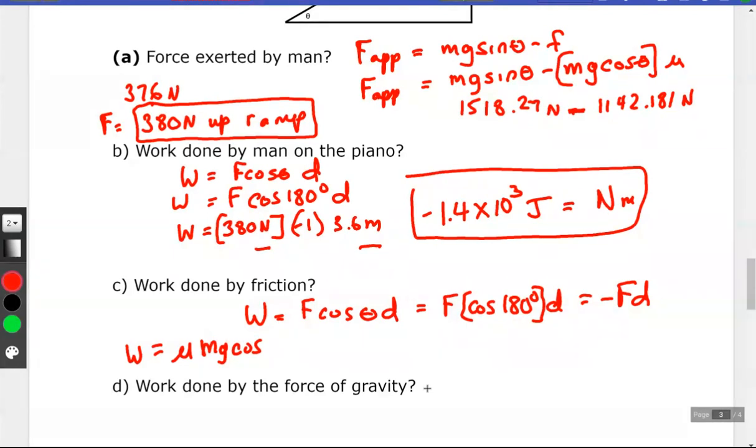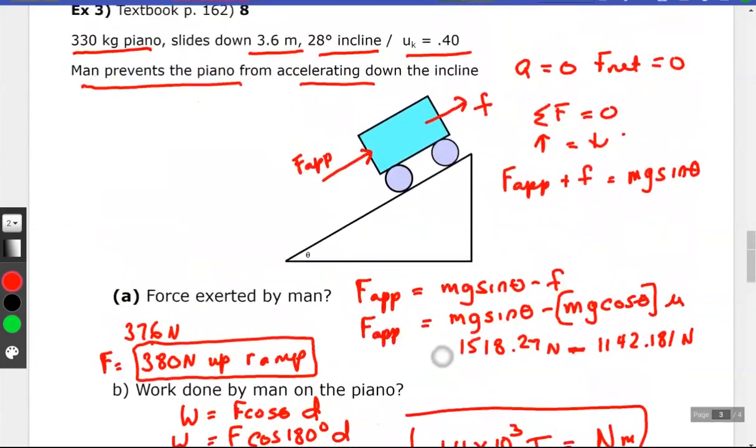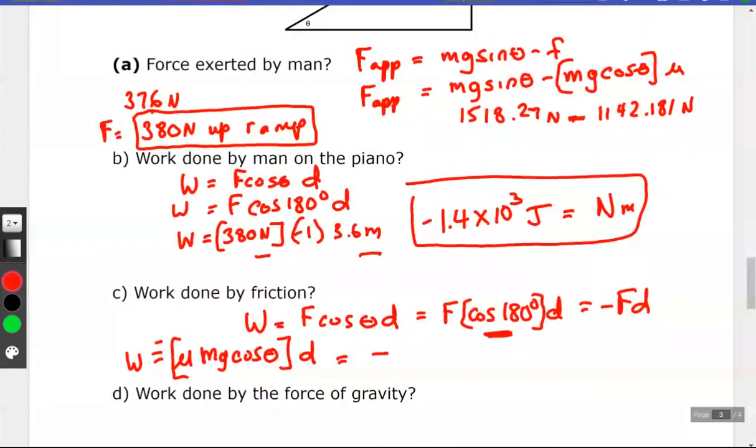The mg cosine theta, that's the normal force. That's the friction force. Mu times normal, times d, and that's negative because that's what the cosine of 180 is. So equals negative. Friction is 0.40. Mu is 0.40.